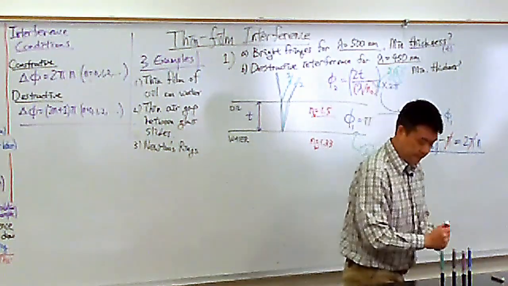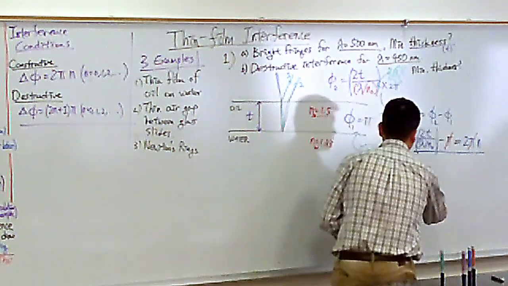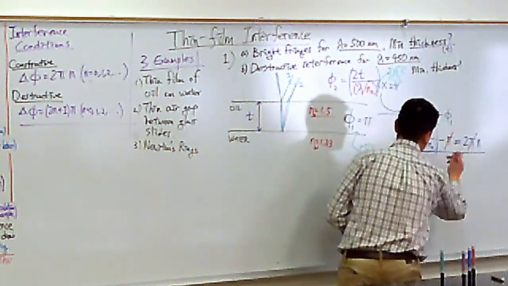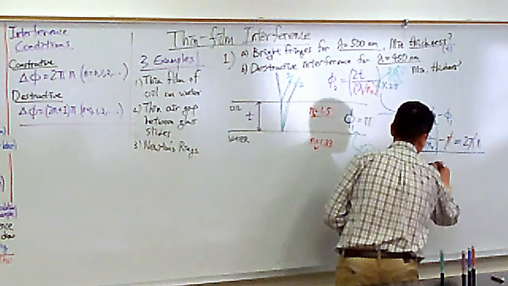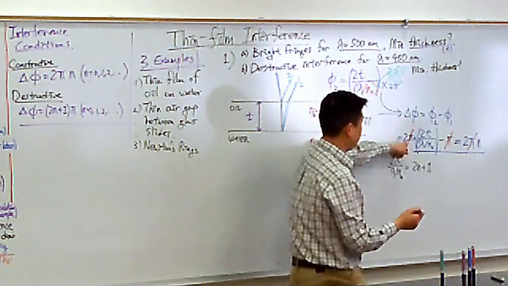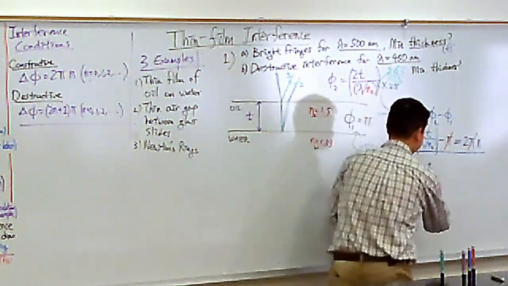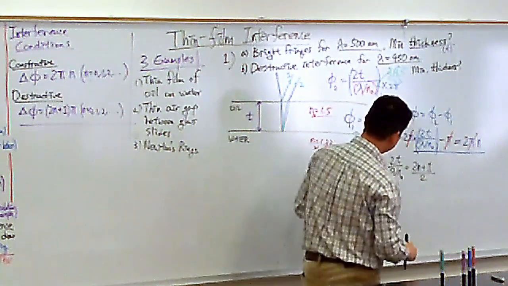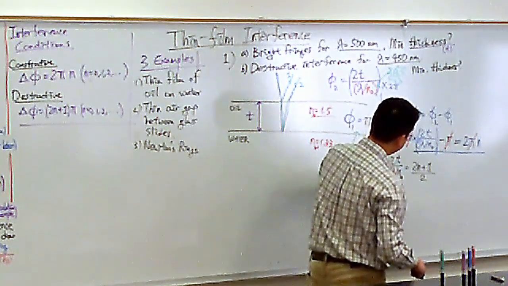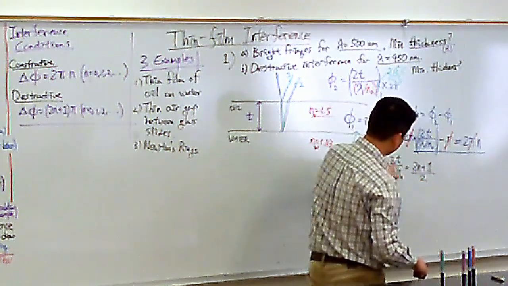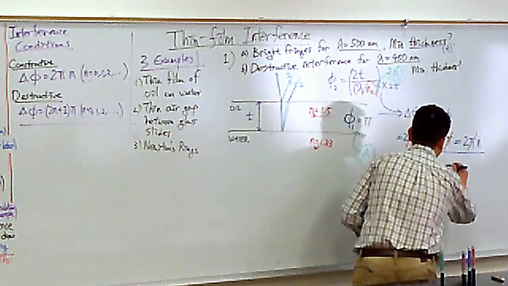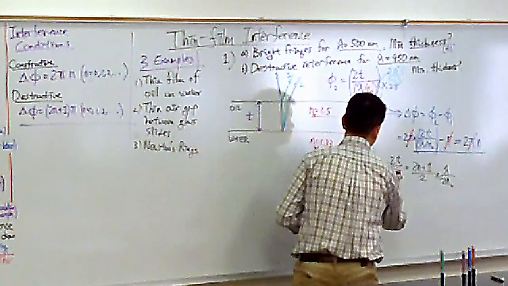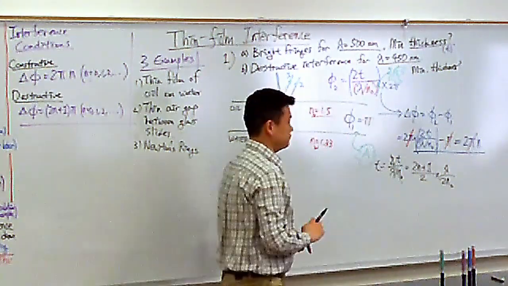So I have 2t over lambda over n_o is equal to 2n plus 1 divided by 2. Everyone good so far? Okay, and I need to solve for t, so multiply through by lambda over 2n_o. That would give me t. This will cancel out. Good?